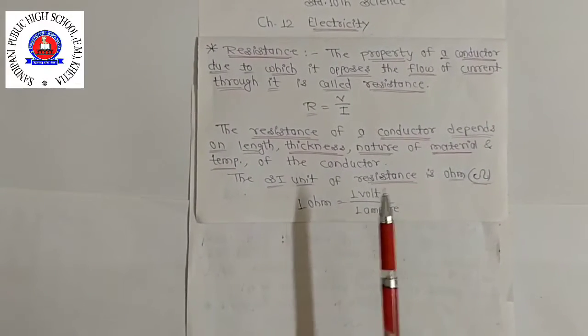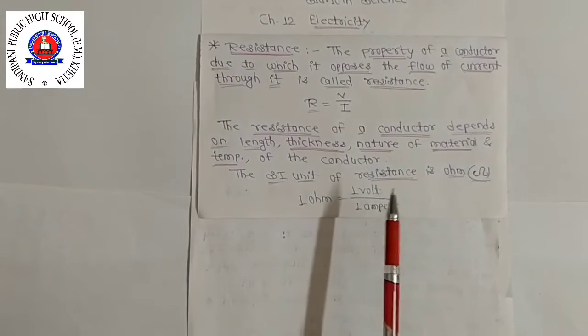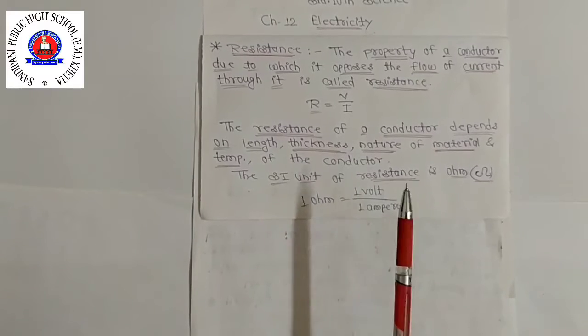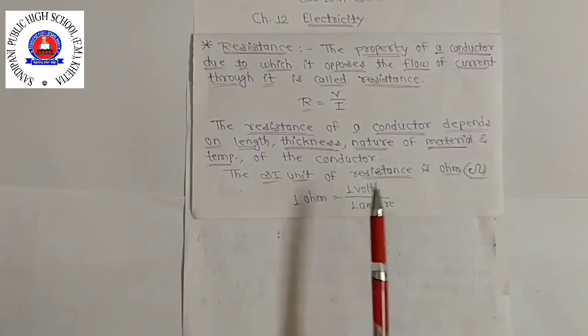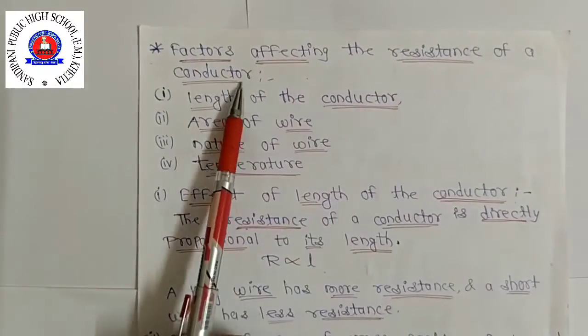So 1 ohm is the resistance of a conductor such that when a potential difference of 1 volt is applied to its ends, a current of 1 ampere flows through it. Now, factors affecting the resistance of a conductor.